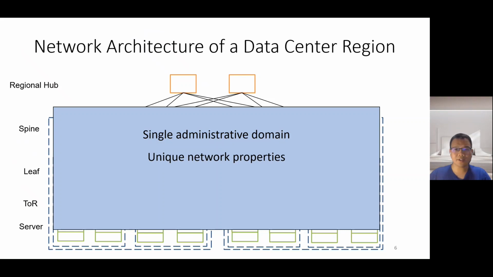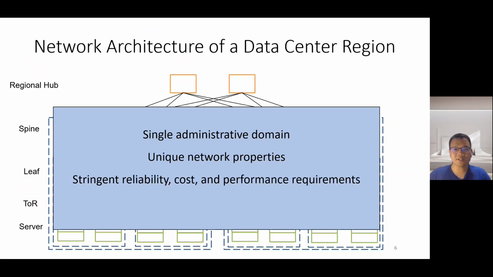Second, the data center network has some very unique network properties. The round trip delay is very small. The bandwidth is pretty high. The switch buffer is very shallow. The traffic is bursty, and there are multiple equal cost paths between two servers.